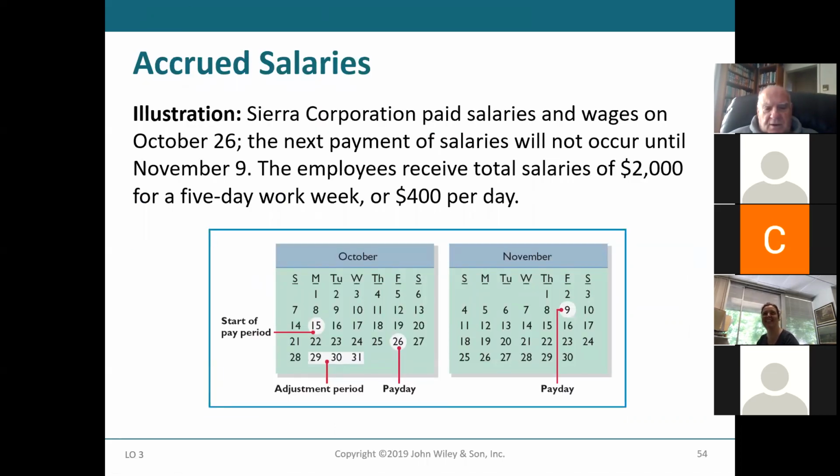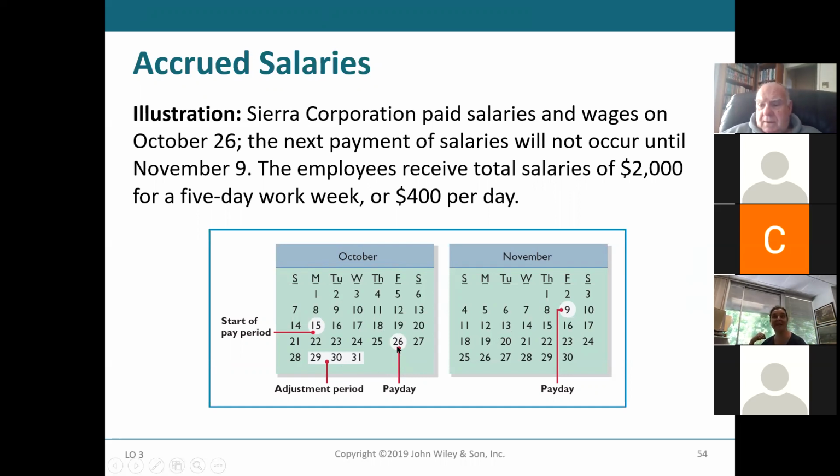Accrued salaries, okay? Here we go. The start of the payroll is the 15th. It's every other Monday, right? And payday is the 9th. So let's take a look at this. This company has paid all of its employees through October 26th.